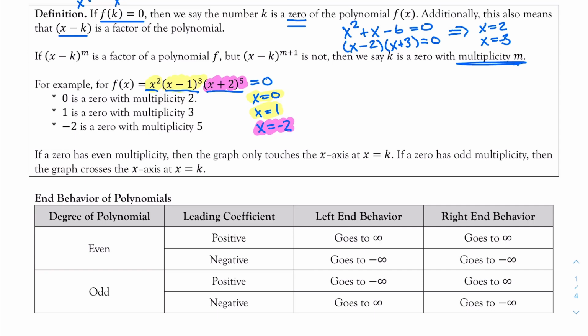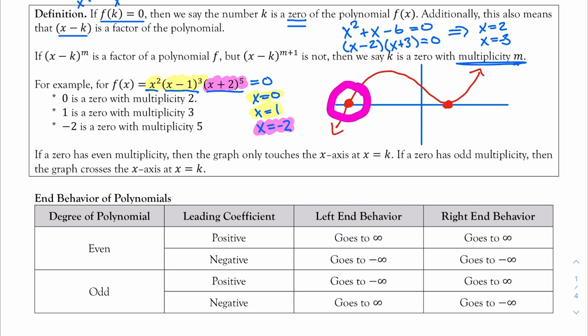So, in other words, if I were to draw some random graph, and then I drew my curve, all of the points that hit the x-axis, these are my zeros. Well, if I have an odd multiplicity, then it must be that my graph passes through the x-axis. In other words, I have something like this right here.